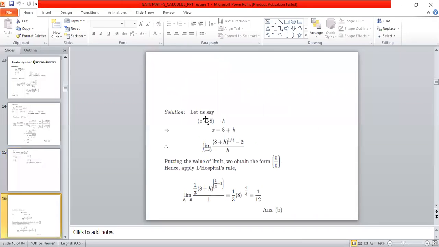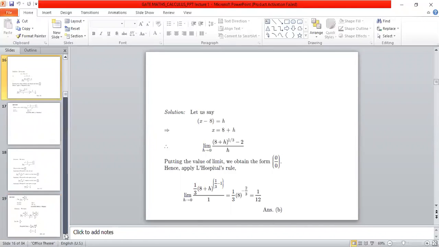Or we can also solve it by letting x minus 8 be h, so x is 8 plus h. Now it is 0 by 0 form, and we take the derivative of numerator and derivative of denominator, and again apply the limit, and you will get 1 by 12. If anyone is having a problem, please ask, or else we'll move ahead.